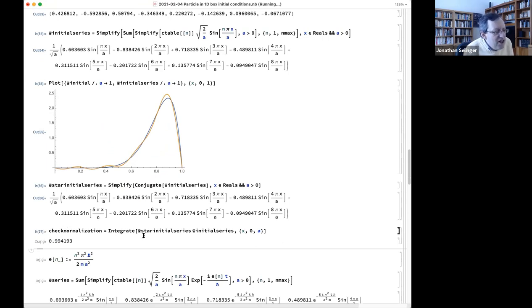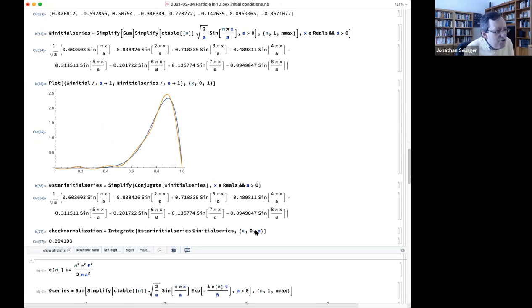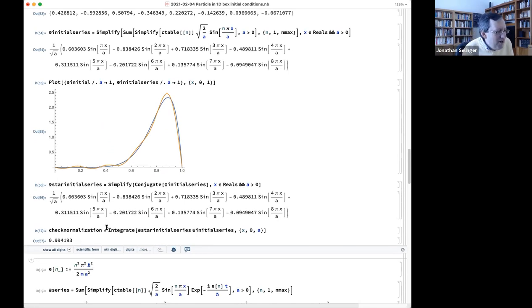So I'll take the complex conjugate times the function, multiply them, integrate over x equals 0 to a. I get 0.99. It's close to 1, but again, you've got to watch out. It's not exactly 1.